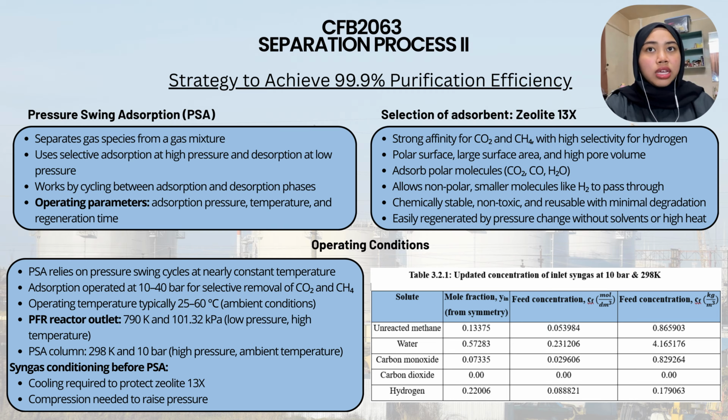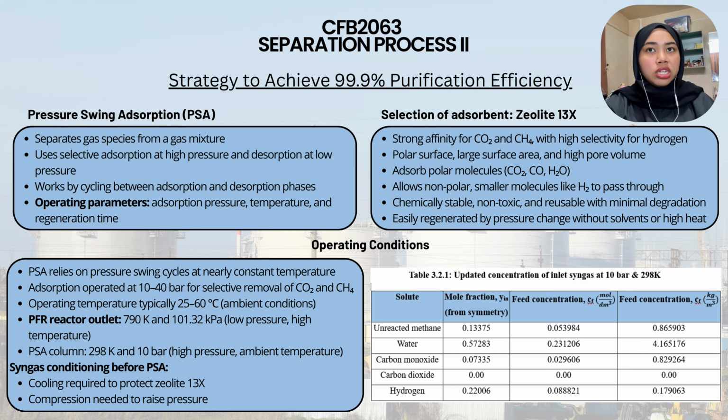Zeolite 13X effectively adsorbs polar molecules, which are carbon dioxide, carbon monoxide, and steam, while allowing non-polar, smaller molecules like hydrogen to pass through. It is also chemically stable, non-toxic, and reusable with minimal degradation. Zeolite 13X can be easily regenerated by pressure change without solvents or high heat, making it suitable as the adsorbent.